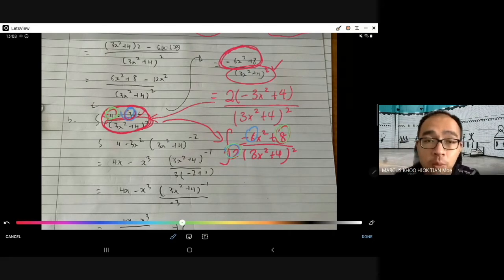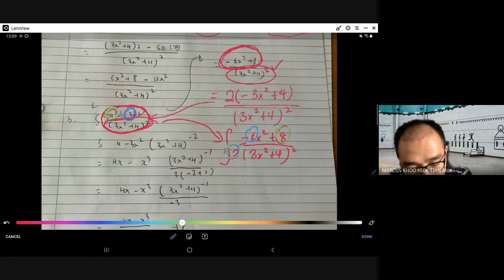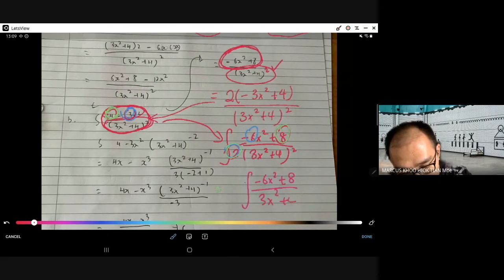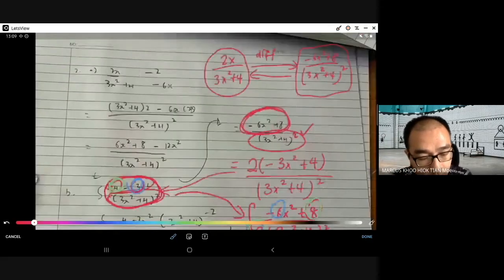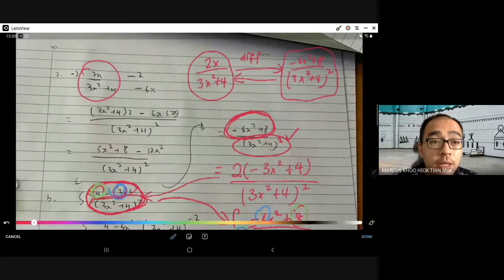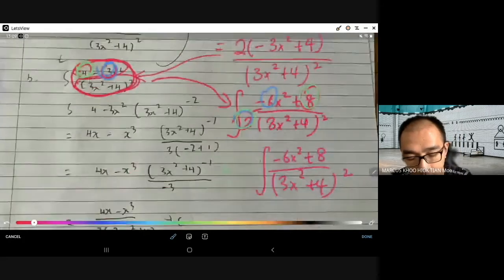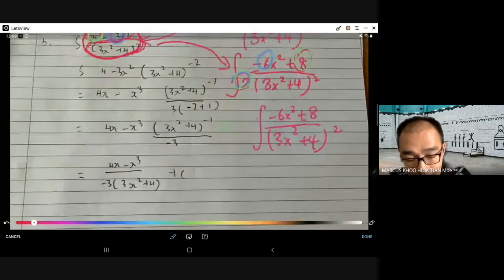And the reason why I'm converting this is because I know that the integration of negative 6x squared plus 8 over 3x squared plus 4, the whole thing squared, will give me my original 2x over 3x squared plus 4. But because there's a divide by 2, I multiply by 1 over 2.